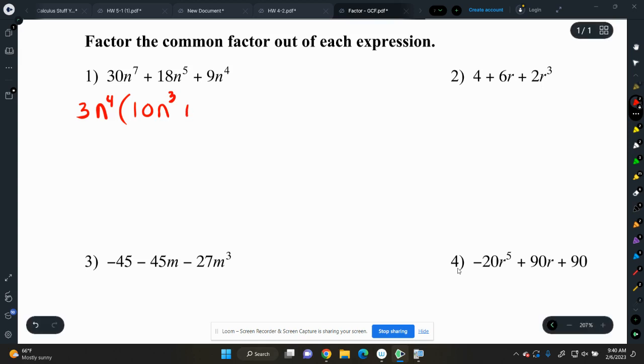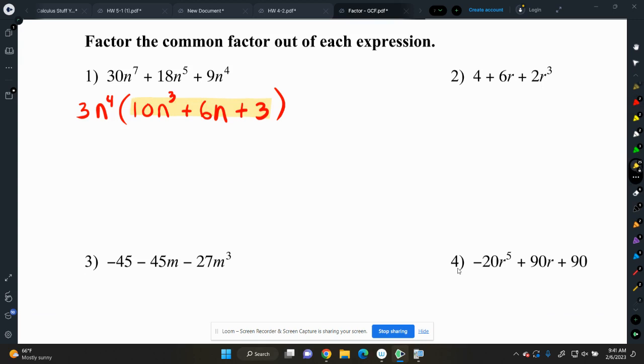Okay. Hunter, what's left when I take the 3n to the 4th out of 18n to the 5th? 6n, good. And the last one, Anya, what's left on the last one? 3, perfect. Okay. One of the things that you can do to check yourself, after you get to this point, take a look at what's left inside the parentheses and basically say to yourself, is there anything common that I can take out of it?